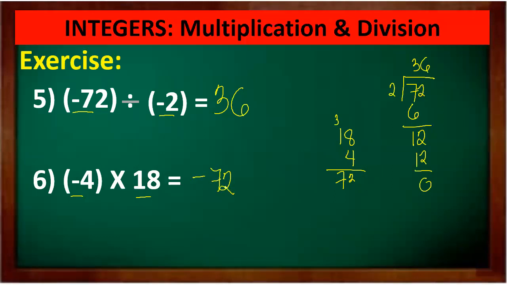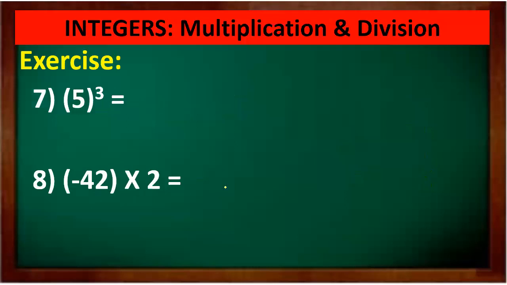Okay, very easy. Tama? So we still have two sets of example to solve. How about 5 raised to the power of 3? So here, 5 times 5. Okay, so expand natin. Positive times positive times positive. So dito, if you're going to multiply 5 times 5 with the same sign, like sign, that will give us positive 25.